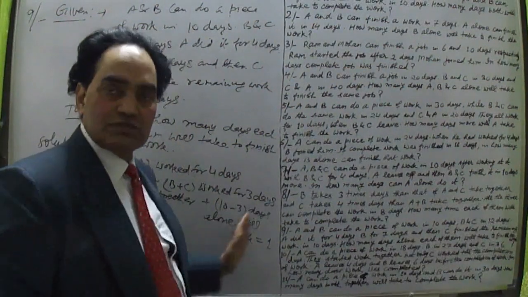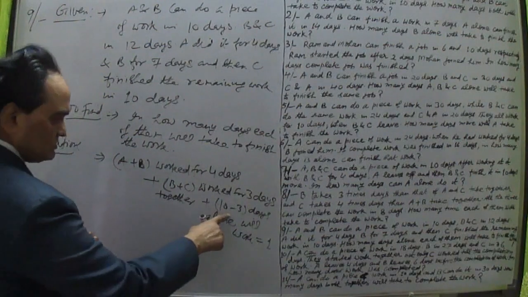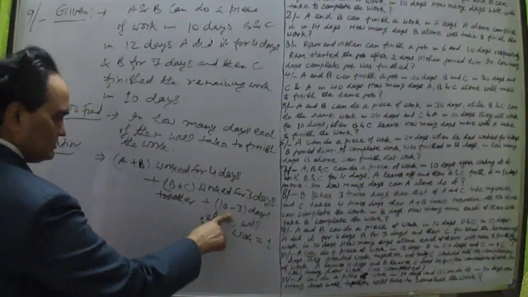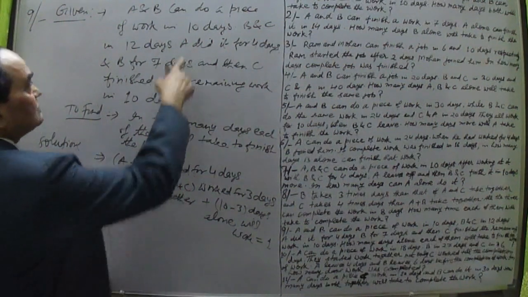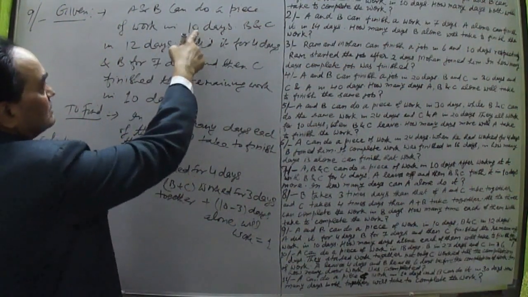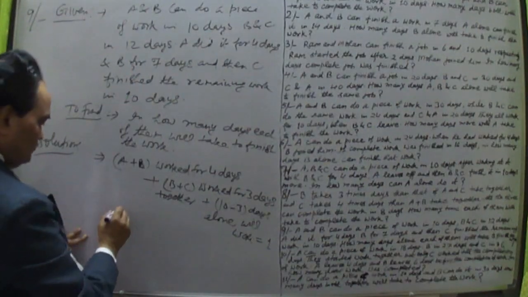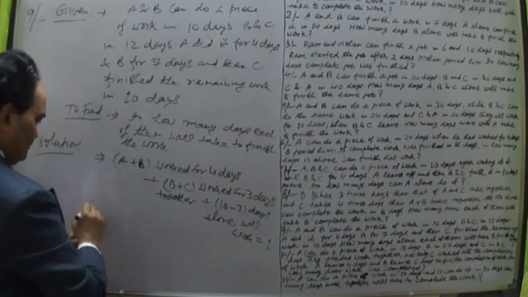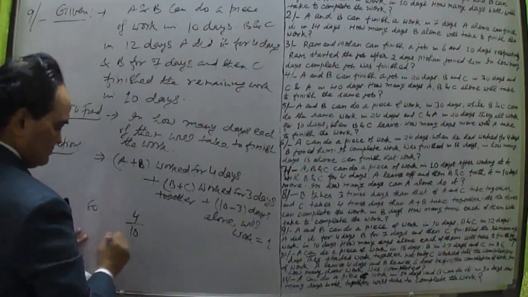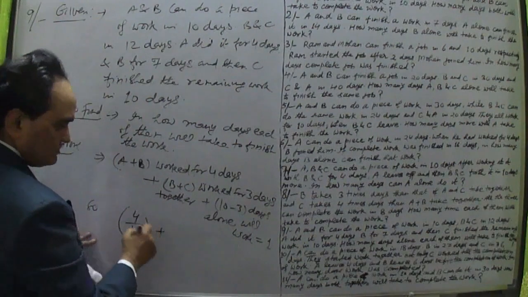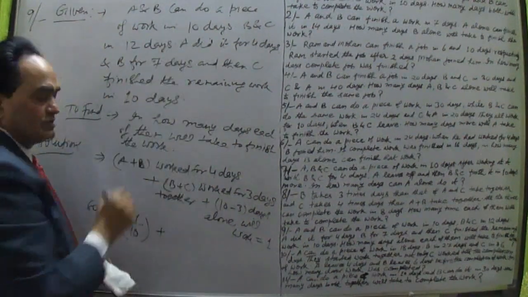The total number of days in this way they have completed. C alone has worked 10 minus 3, meaning 7 days. A plus B together can complete the work in 10 days, so their rate of working is 1/10.